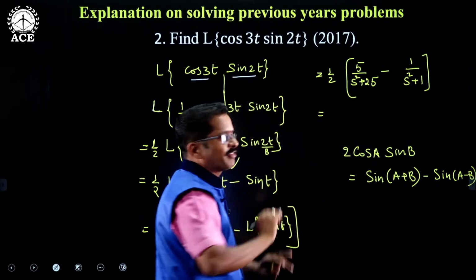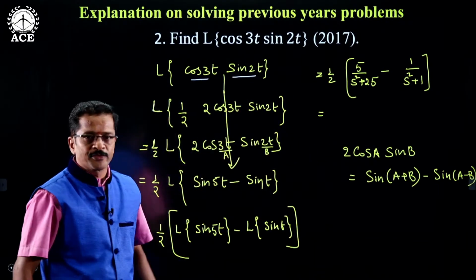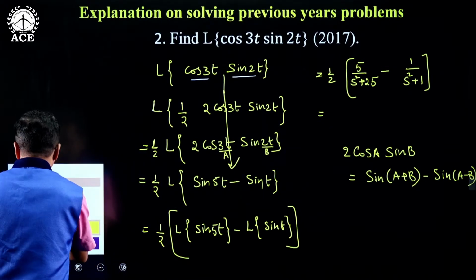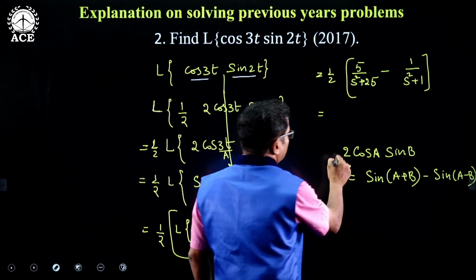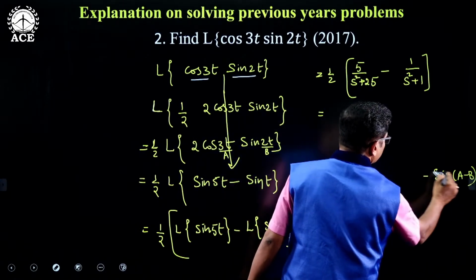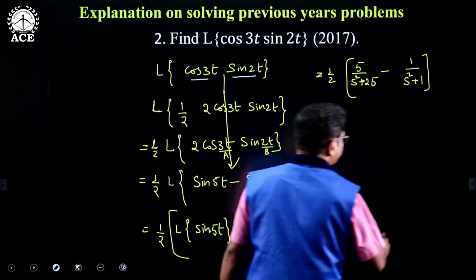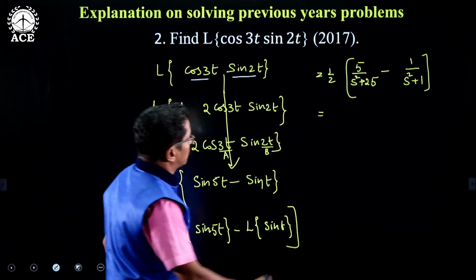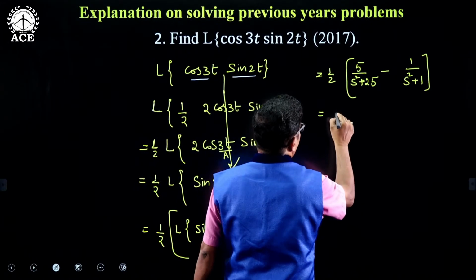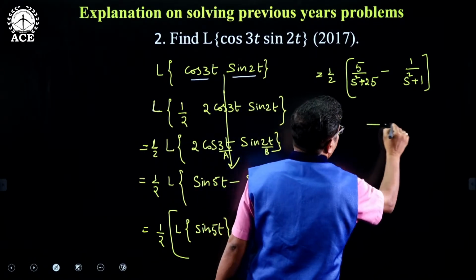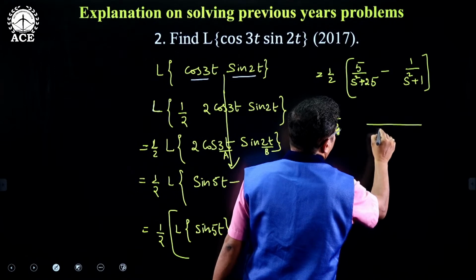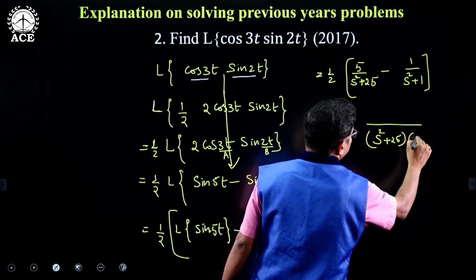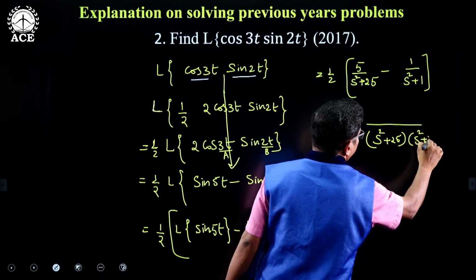If possible, try to simplify. If possible, do simplification, otherwise you leave it, no problem. Right? I will try to simplify this. Now, which is equals to 1 by 2. LCM is going to be the combination of the denominators, that is s square plus 25 into s square plus 1.